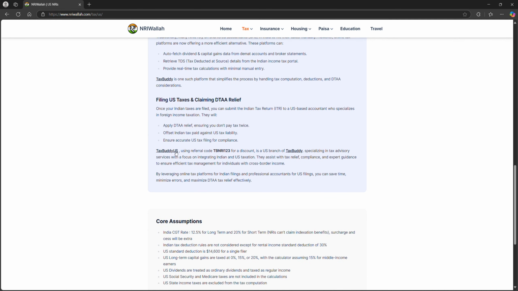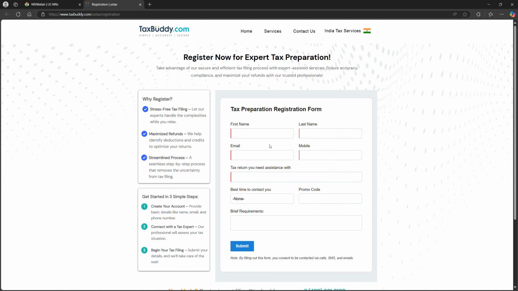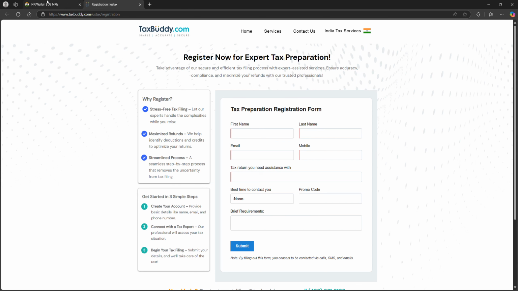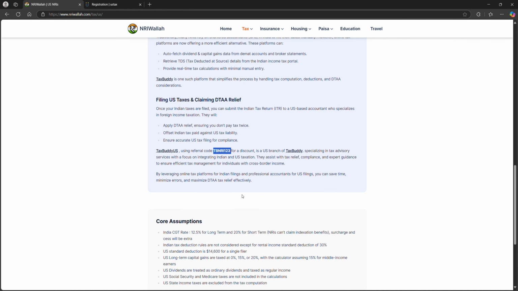Then go to the tax petty US, which is a branch of the tax petty. You need to register because it's for the US tax authorities, and fill in this information. You can use this referral code to get some discount, I think, and then you should be good to go.